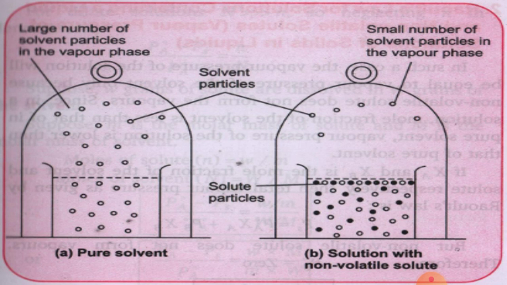That is, the more the surface particles of solute, the less will be the vapor of solvent molecules. That's why on adding non-volatile solute, the boiling point of the solvent increases.